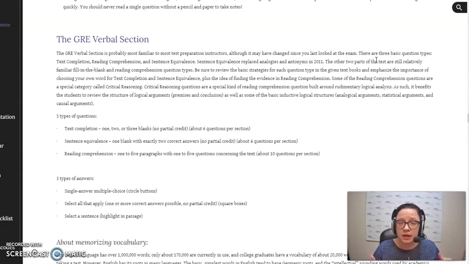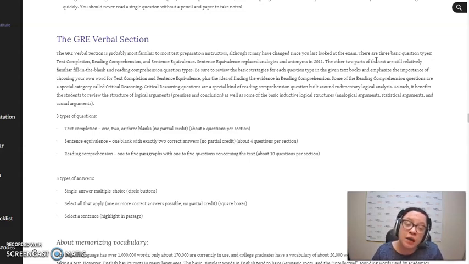The kinds of fill in the blank type questions you're going to see, plus emphasize the idea of finding evidence in reading comprehension passages. Some of the reading comprehension questions are in a special category called critical reasoning, and these require some rudimentary logical analysis.